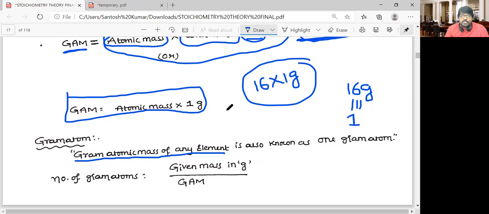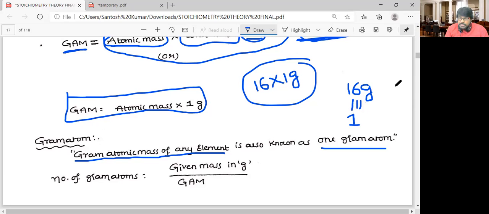Definitions you need to understand. Gram atom. Gram atomic mass of any element is also known as 1 gram atom. Nitrogen you take, for example, gram atomic mass of nitrogen is 14 grams. So in place of 14 grams of nitrogen, you can write 1 gram atom of nitrogen.